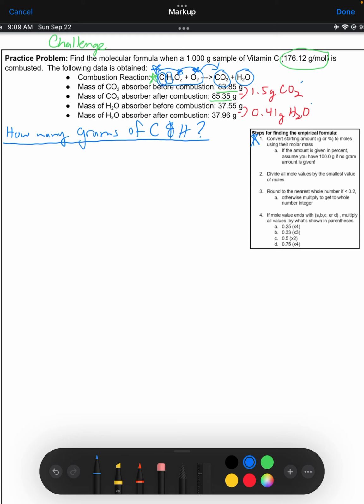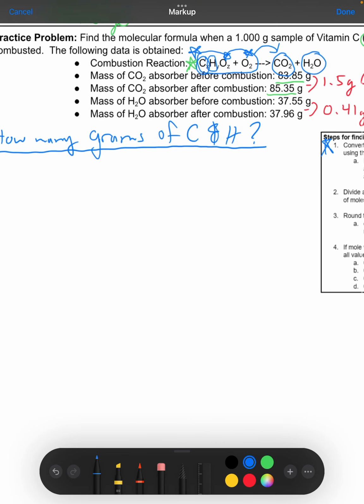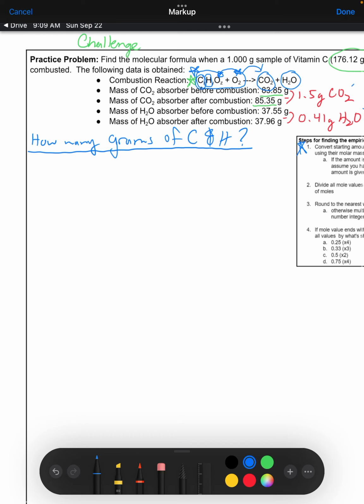So I know the only data I have so far is carbon dioxide and water. Since that's all that I have, that's what I'm going to start with. So I'm going to start with my 1.5 grams of carbon dioxide and go from there. What I'm going to do is use this carbon dioxide amount to figure out carbon specifically.